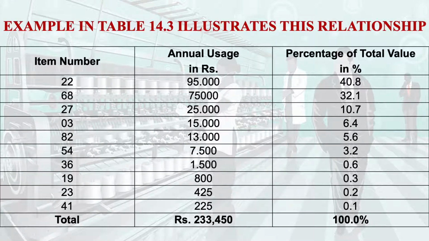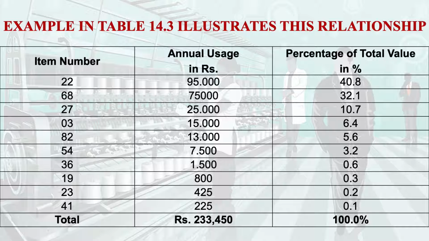With the help of this table, you can see we have given the item number in the left column, their annual usage in the middle, and the percentage of that on the right side.